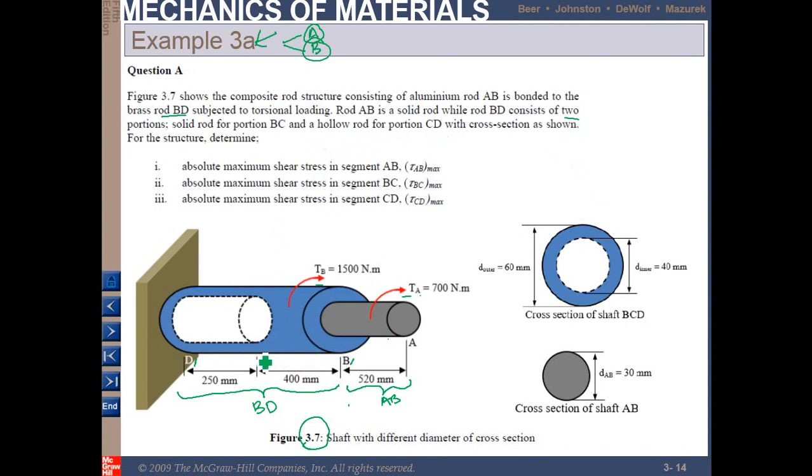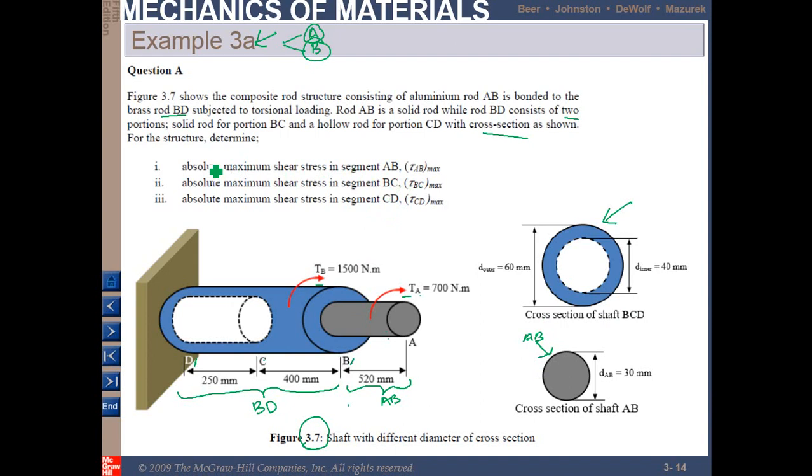So from here to here there is an inner empty space inside the rod BD from C to D, with the cross section as shown for the structure. So this is the cross section for BCD, and this is the cross section for AB.